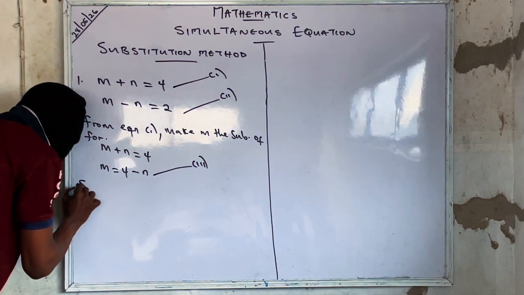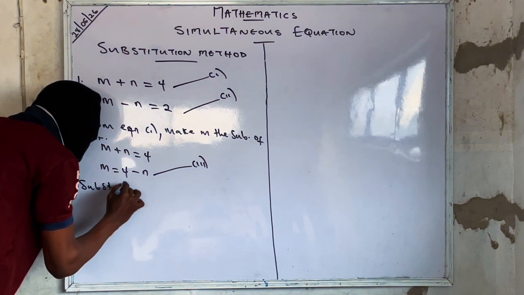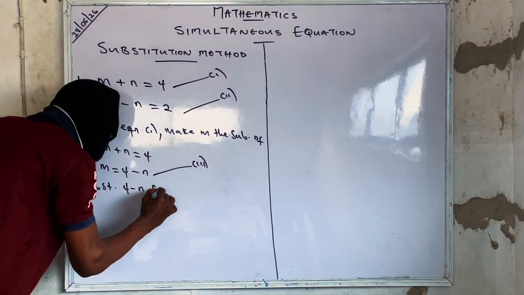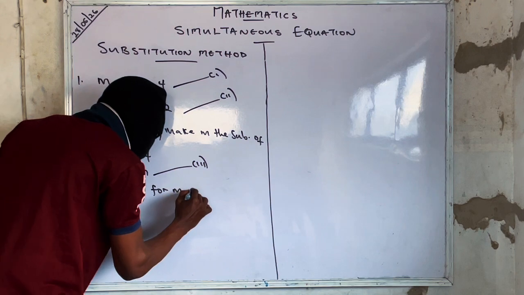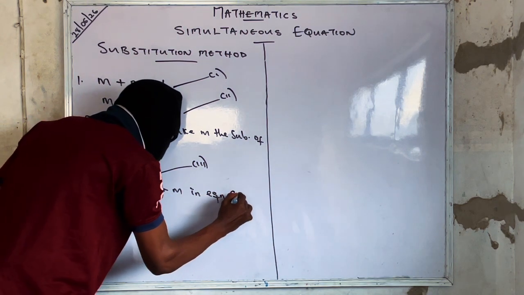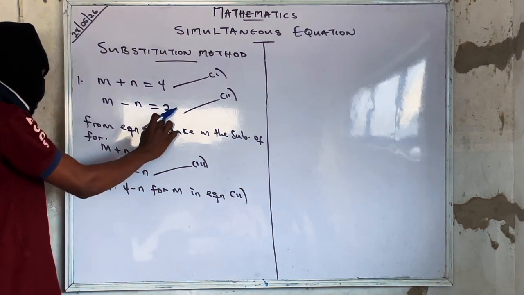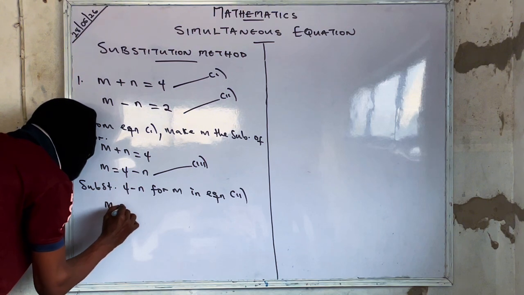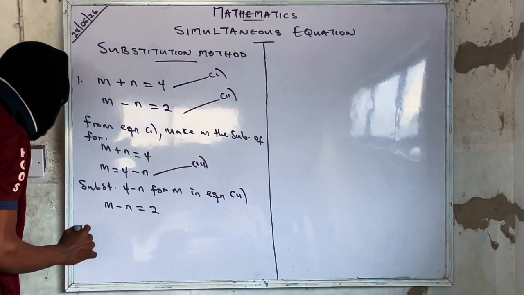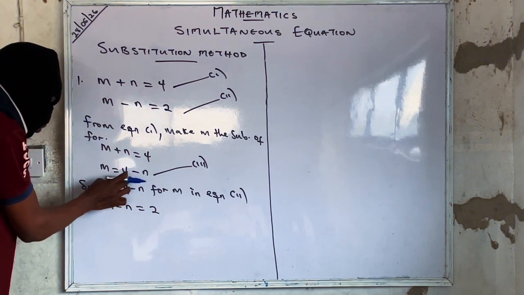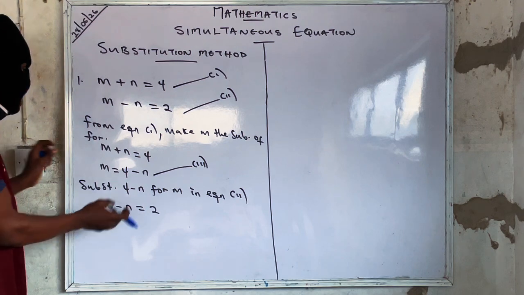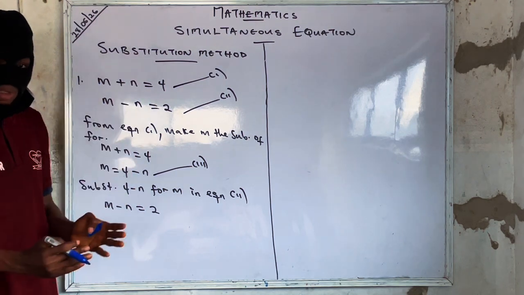Now we're going to substitute this expression of m in equation 2. I will substitute 4 minus n for m in equation 2. Your equation 2 is m minus n equals 2. Your m is already 4 minus n, so you are substituting. That's the reason for the substitution method.